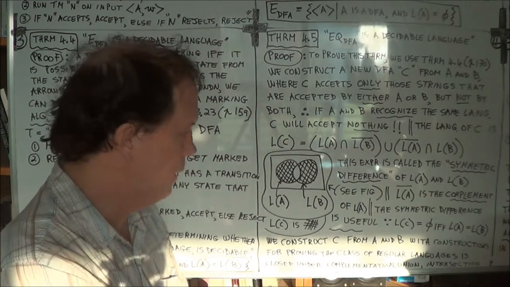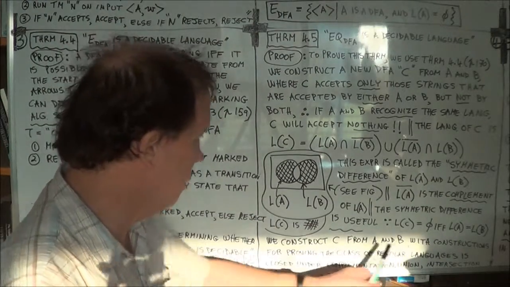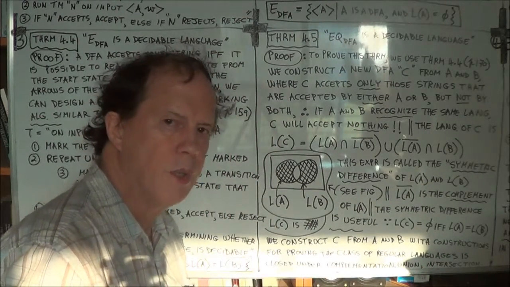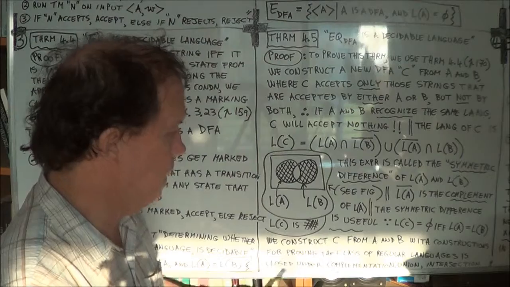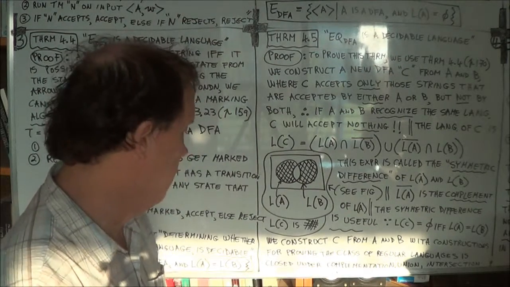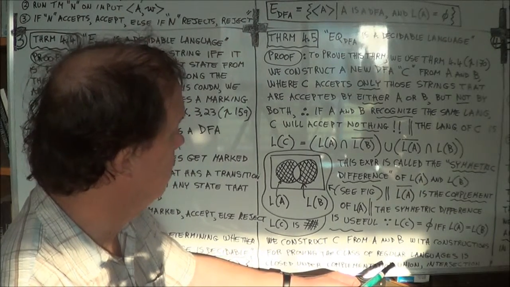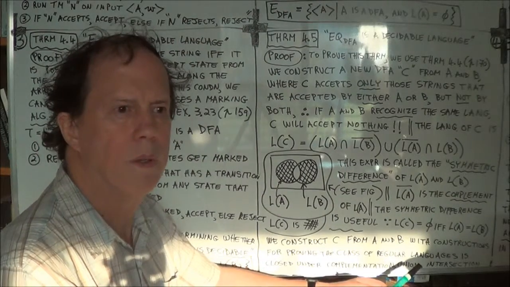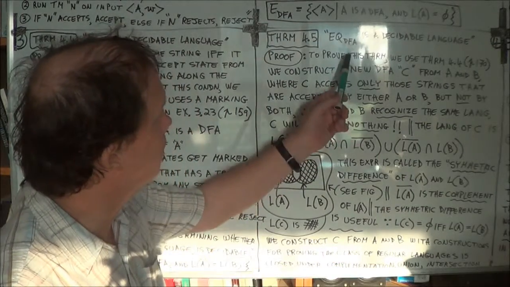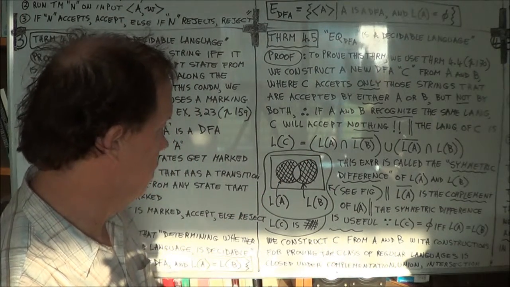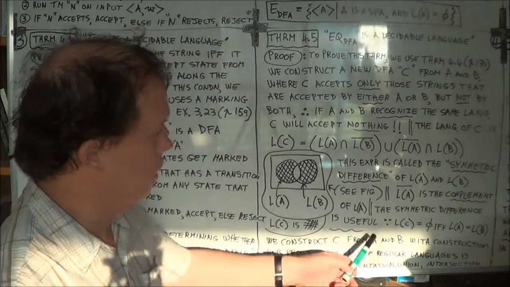Okay. So the techniques, the constructions of proving closure, we can use those tools to construct C from A and B. And we're talking regular languages, which are recognized by DFAs. That's a little bit vague, but you can do it as homework if you like.